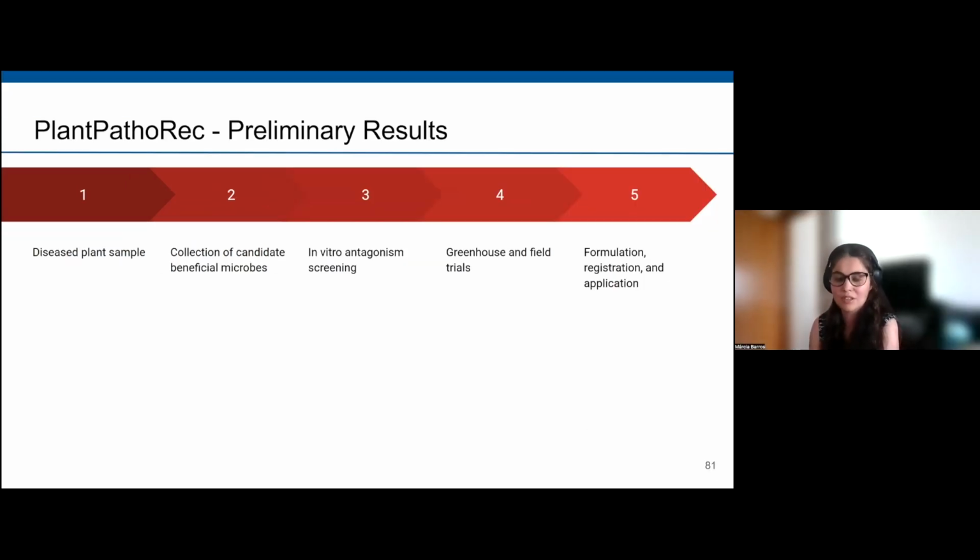And this process can take as long as 10 years. And in this step here, thousands of candidates are usually tested. So if we could recommend 100, just 100, and two of them were actually relevant to treat this plant pathogen, that would be a win-win.